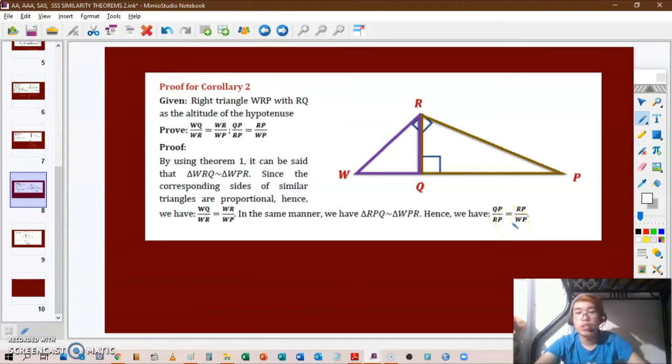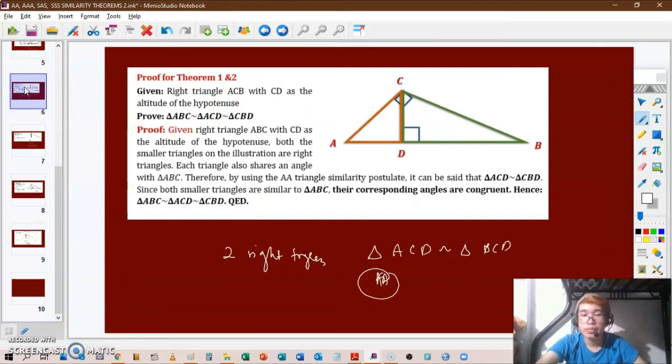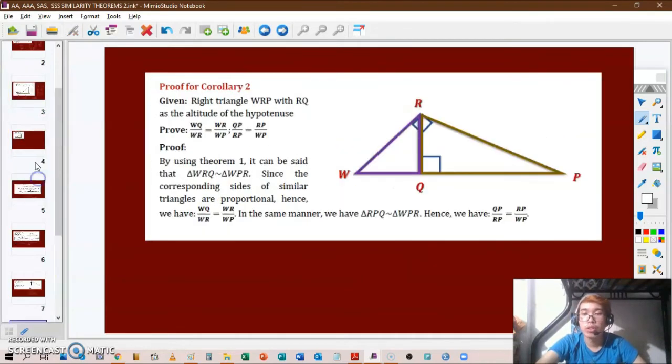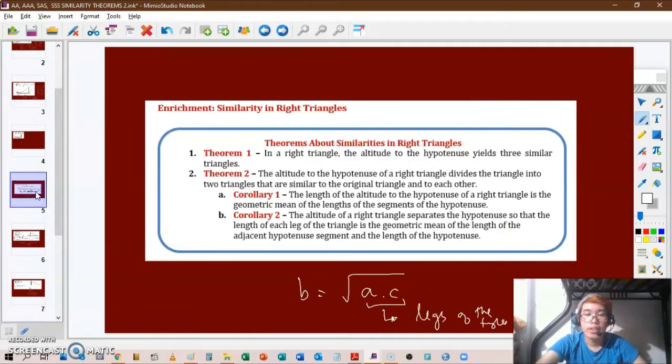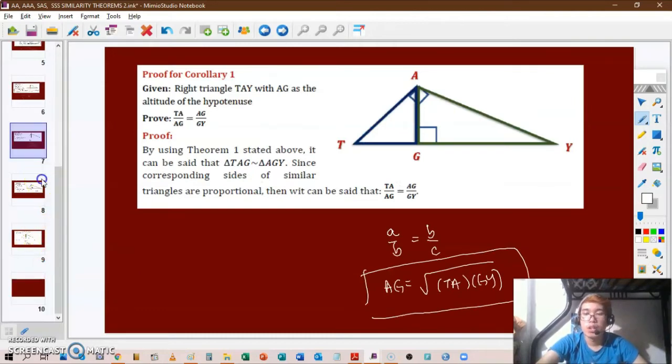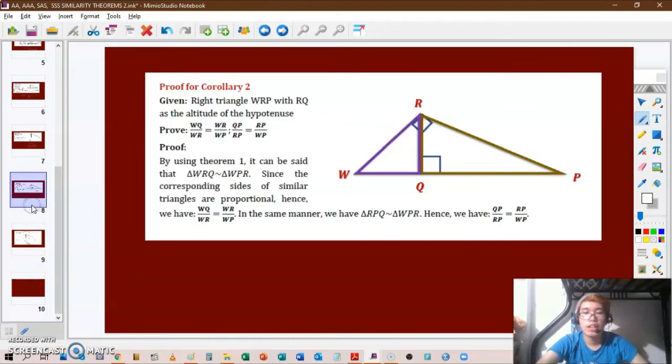And again, corollary 2, let's go back to corollary number 2. It says here that the altitude of a right triangle separates the hypotenuse so that the length of each leg of the triangle is the geometric mean of the length of the adjacent hypotenuse segment and the length of the hypotenuse. So let's try to check that here.